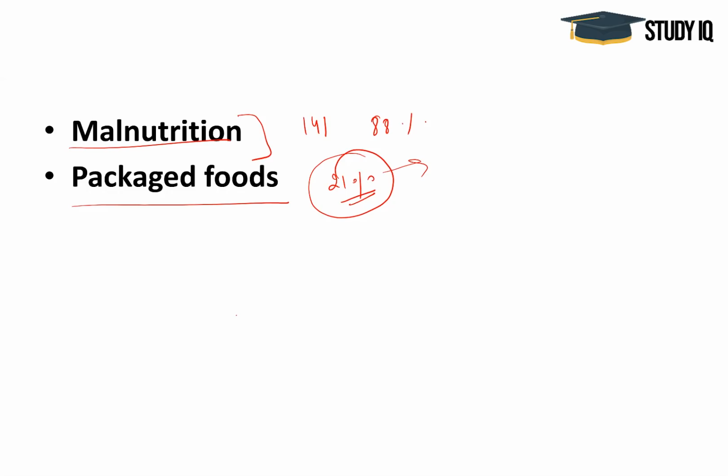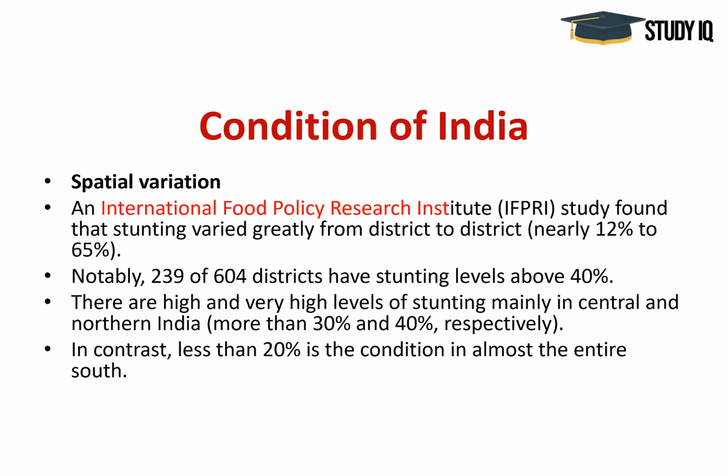This is based on overall energy, salt, sugar, and saturated fat on the negative side, and vegetable, fruit, protein, fiber, and calcium as positive factors. So for packaged foods, they are considering some positive factors and some negative factors. Okay, now we'll see what is the condition of India.